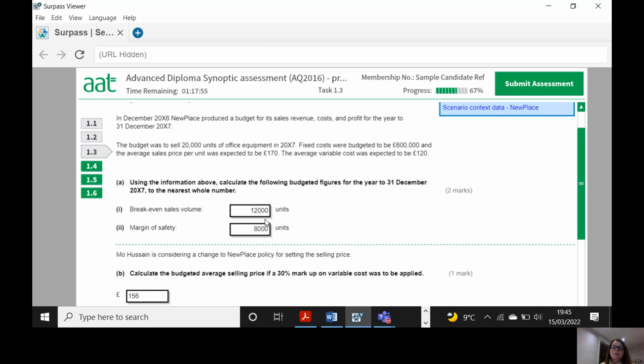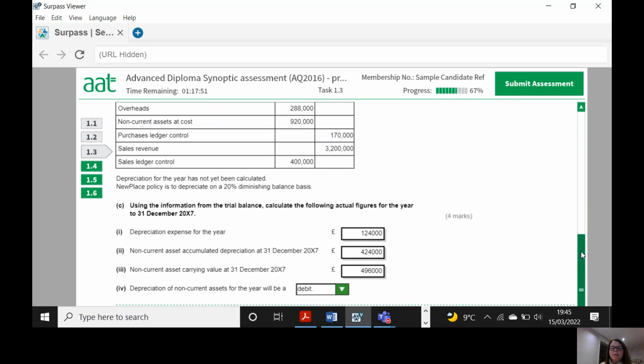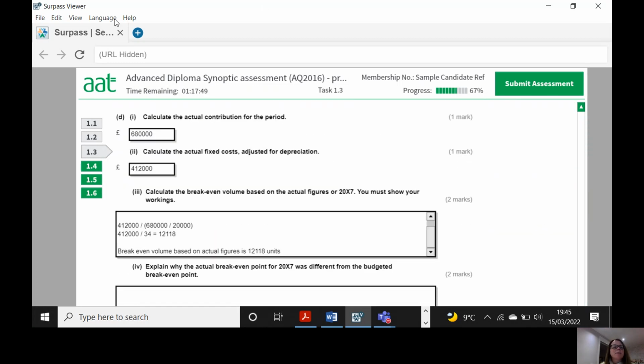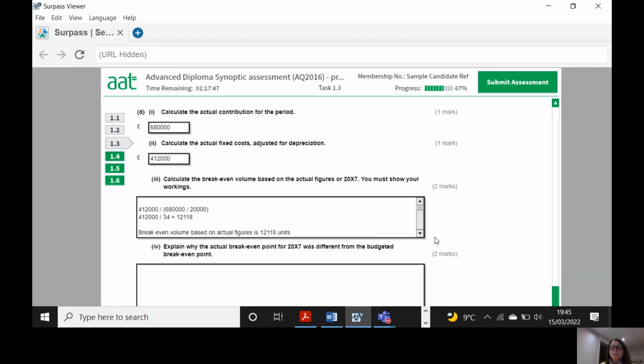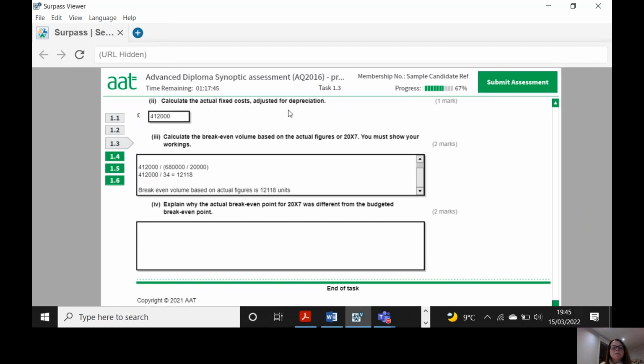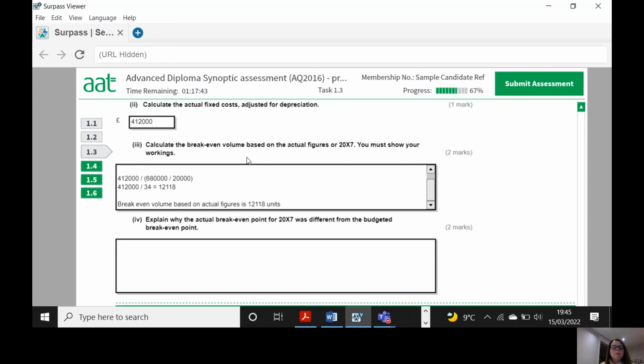So if we break down both calculations, if we come back down here, let's type it in. Right, so I would probably do something like this.